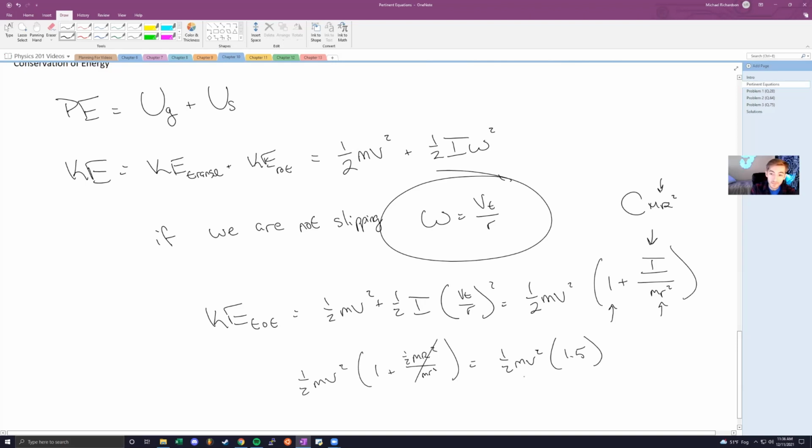So we added essentially an extra half of our translational velocity, or translational kinetic energy, to our total kinetic energy. I hope that makes sense.